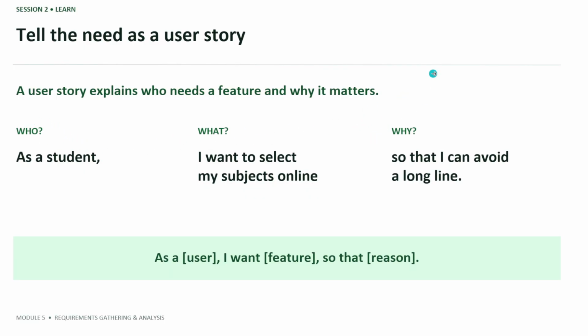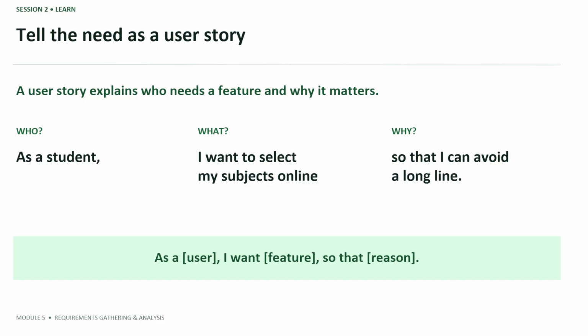For this example, the enrollment system: as a student, who is using the feature, what kind of feature do they want, which is I want to select my subjects online, and why, what is the reason they need to select the subject online, so that I can avoid a long line. See, it basically solves the problem from earlier.